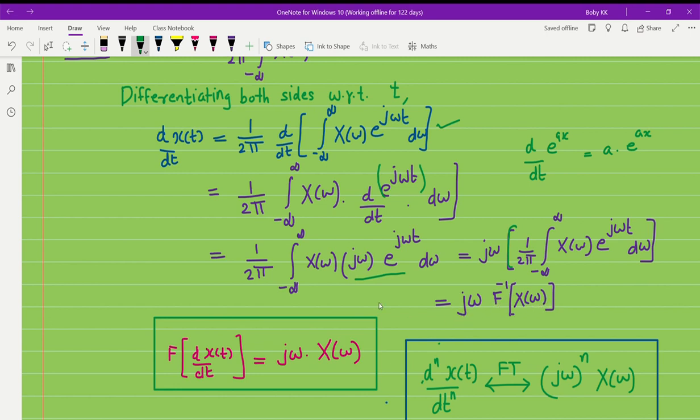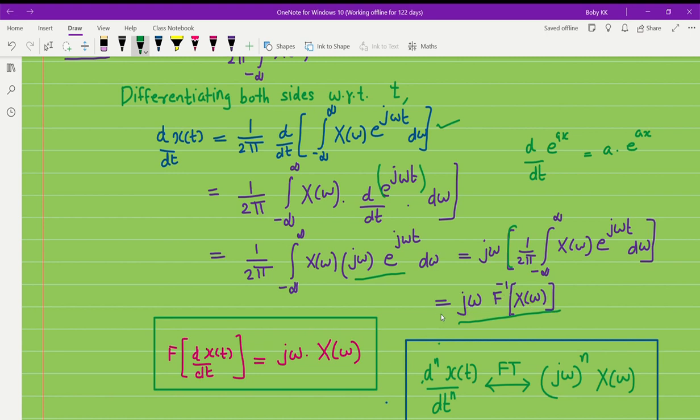Now once again we have to take the Fourier transform on both sides of this expression. On the left hand side we have the Fourier transform of d by dt of x of t. On the right hand side, the term is j omega Fourier inverse of X of omega.